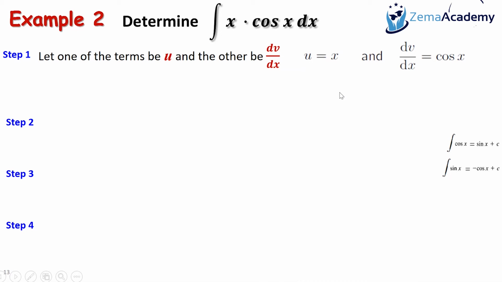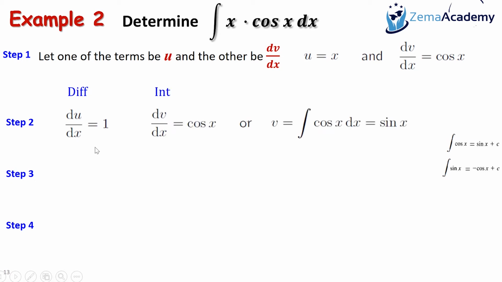In the next step, according to the formula, I need to differentiate u and integrate dv. If I differentiate u, I will get du, and if I integrate dv, I will get v. Both these are required in the formula. So if I differentiate u with respect to x, my answer is 1.